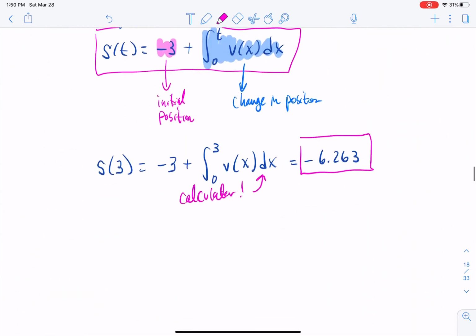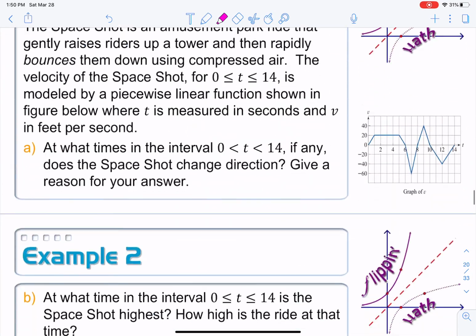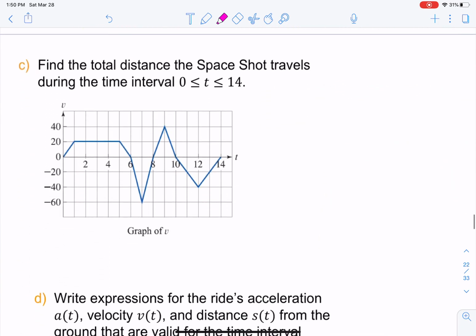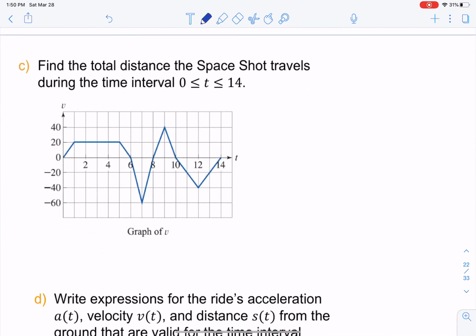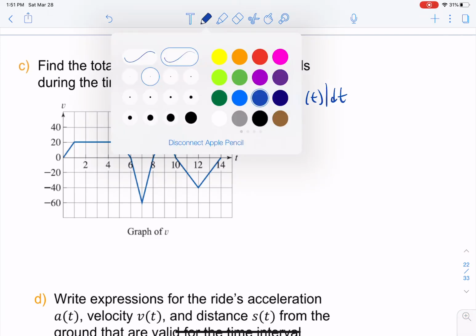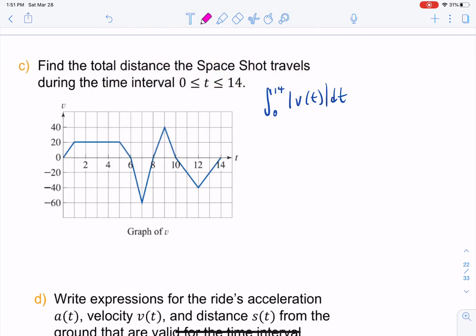Okay, let's make you dizzy again. Hey, we are on a Spaceshot ride anyway, which just means this. So we want to find the total distance, which is the definite integral from 0 to 14 of the absolute value of v of t dt. Now, what the absolute value does to our graph is it just reflects anything that's down below up above the x-axis.